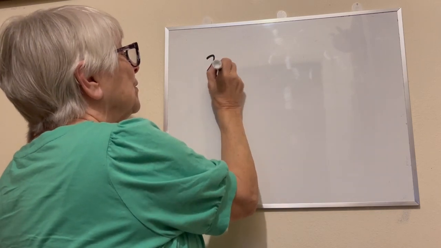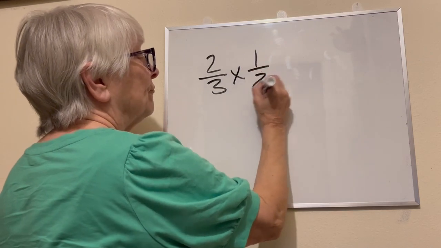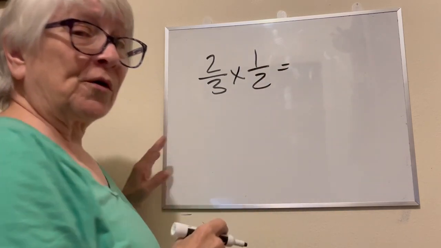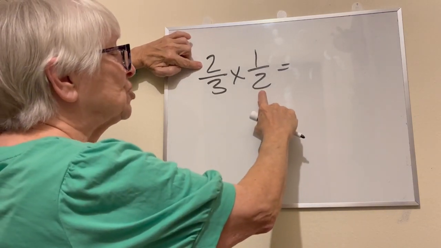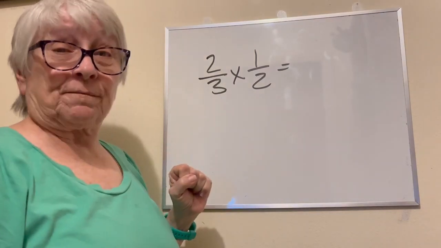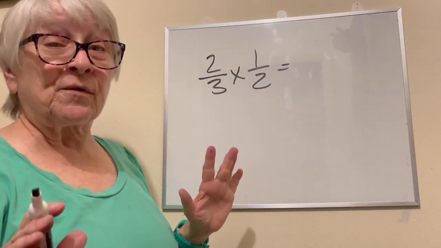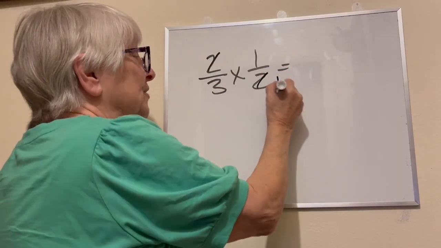What about 2/3 times 1/2? Well, I want you to look at this and notice that there's a 2 in the numerator and a 2 in the denominator. It doesn't matter if they're in the same fraction. We cancel them.